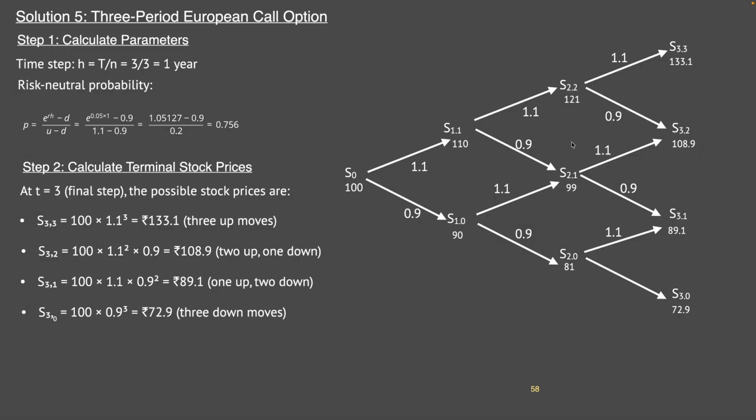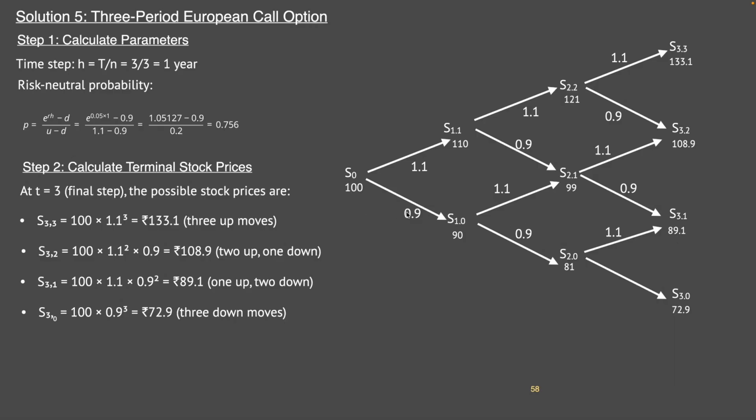Similarly, for S31, you can use different routes. You can use 100 into 1.1 into 0.9 into 0.9 to get 89.1. Or you can use 100 into 0.9 into 1.1 into 0.9, you get 89.1.